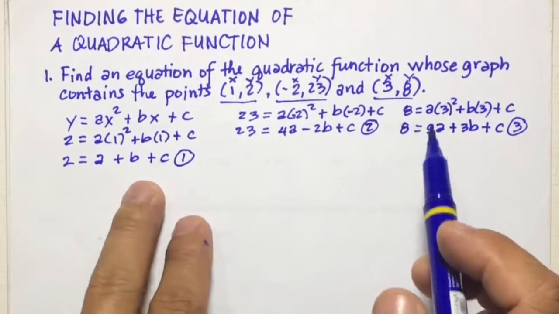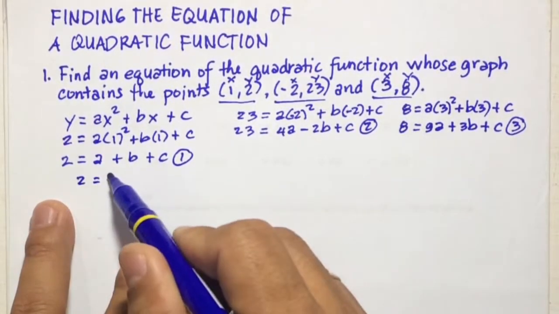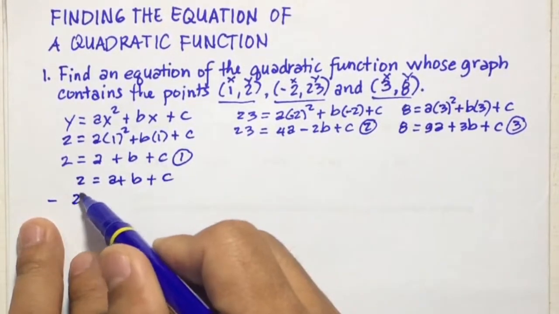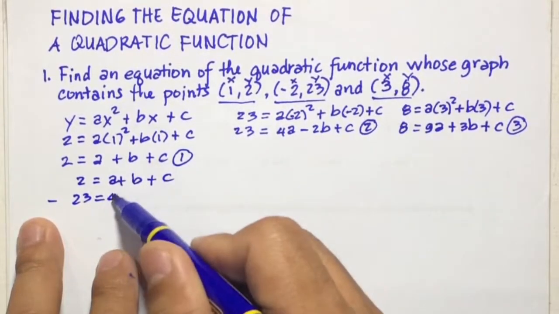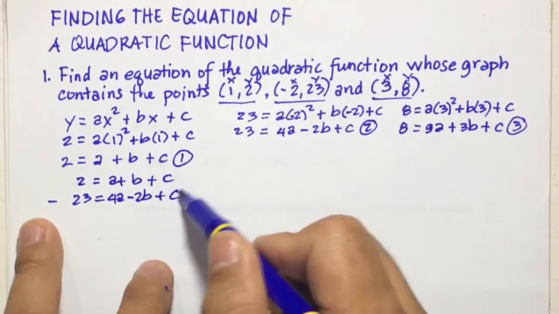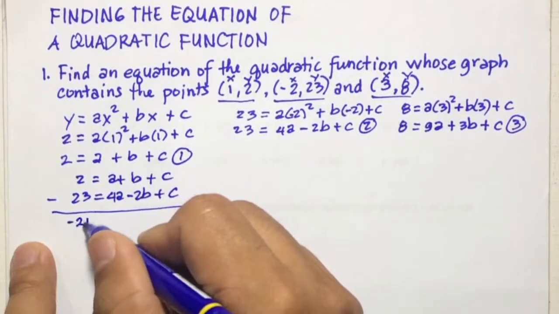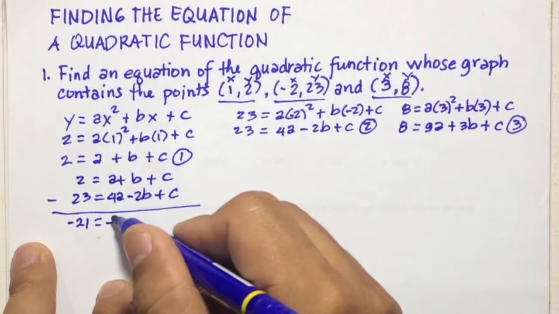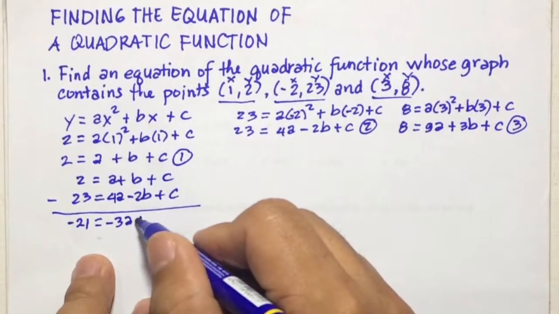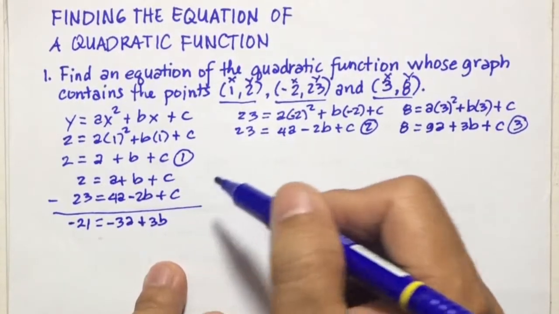So equation 1 minus 2: 2 equals a plus b plus c, minus 23 equals 4a minus 2b plus c. So 2 minus 23 is negative 21, a minus 4a is negative 3a, b minus negative 2b is 3b, and c minus c is 0. So the variable c is eliminated.